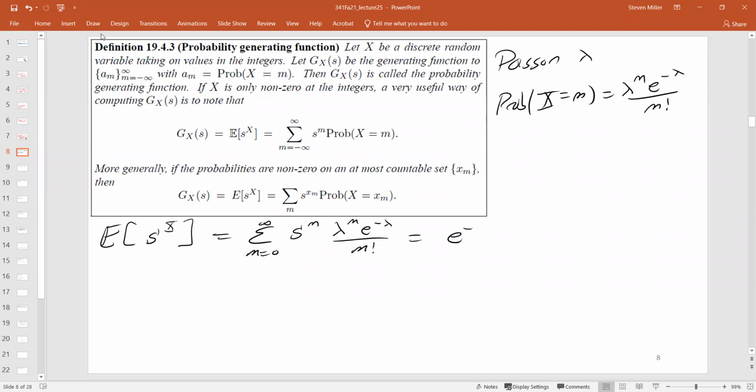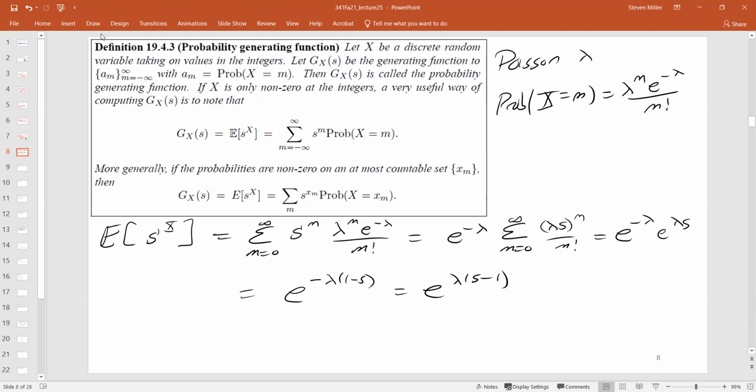Well, we pull out e to the minus lambda, and we have the sum, m goes from 0 to infinity, of lambda s to the m over m factorial, which is e to the lambda s. So it equals e to the negative lambda times 1 minus s, or e to the lambda times s minus 1.